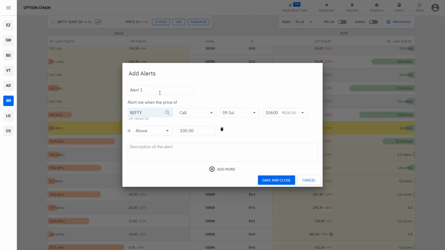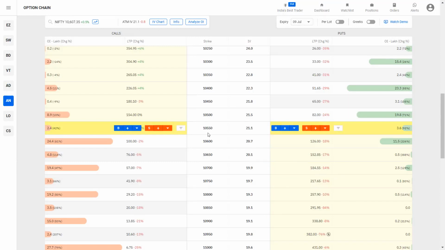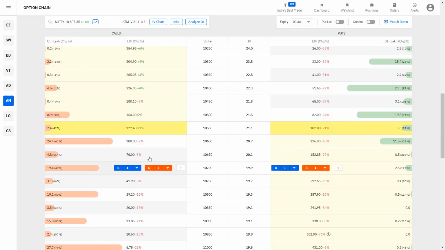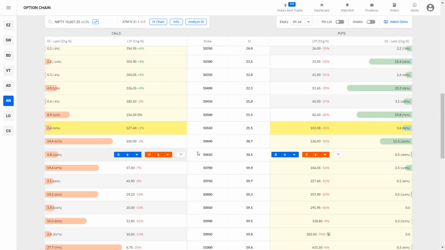So I can say when the Nifty call option crosses 10600, so 10600's price is now 100 rupees, when it is above 110, let me know. Or I can say when the Nifty index is above 10800, let me know, etc. So this is a WhatsApp alert. You can also get it on your mobile app of Sensible. This is a very useful feature if you don't want to constantly look at the screen.